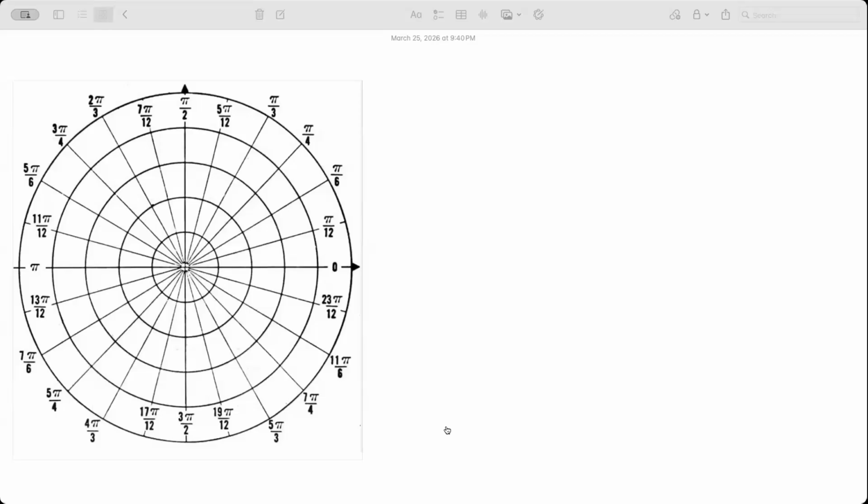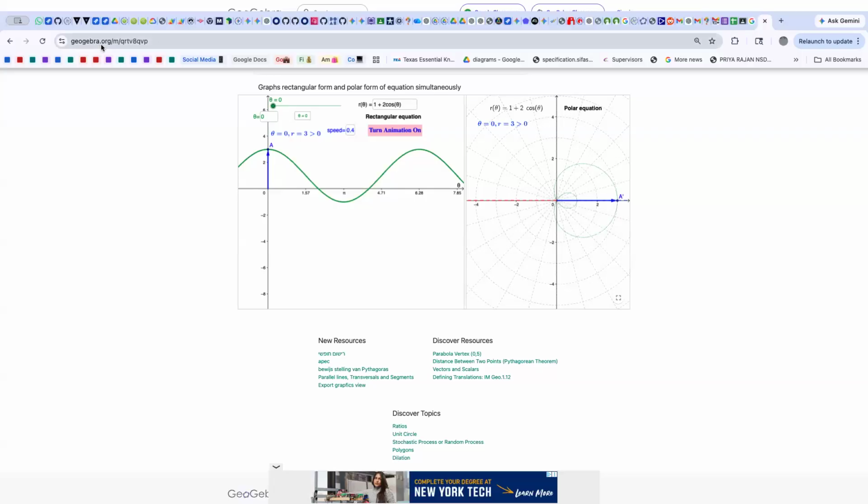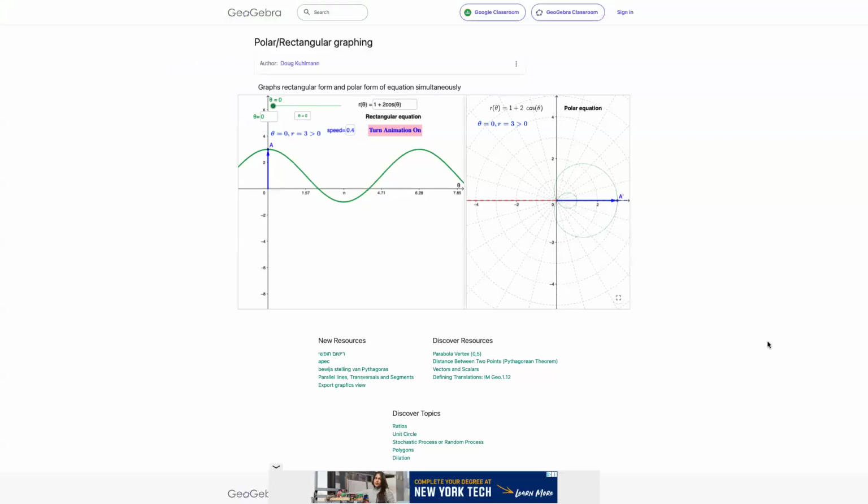GeoGebra is a wonderful site. I don't know whether you have discussed it in school, but please make use of GeoGebra. It is the website geogebra.org. Please make use of this and play with it, you will have fun. Now I'm not going to get you the rectangular form and all, we are just going to do 4 cos theta.